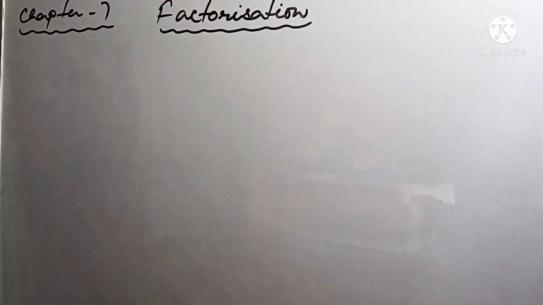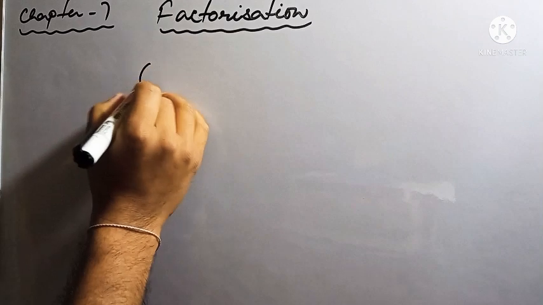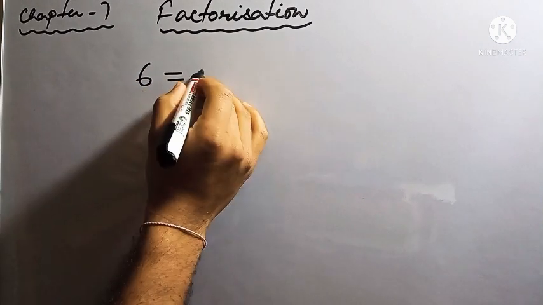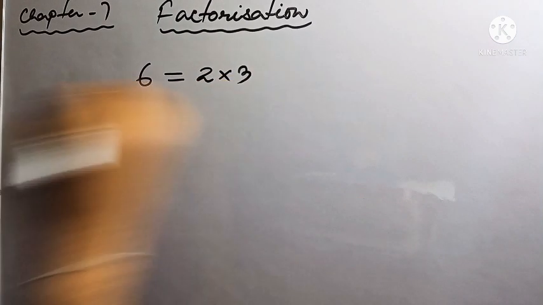So now, what is the meaning of factorization? Factorization is the process of expressing a given number or any algebraic expression as a product of two or more factors. Let me write here 6. 6 can be written as 2 into 3.